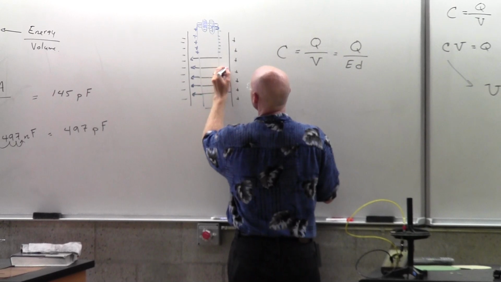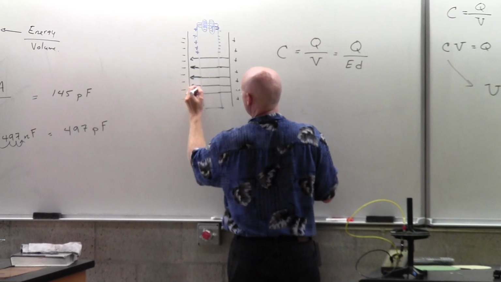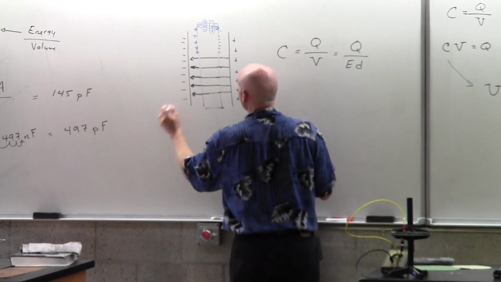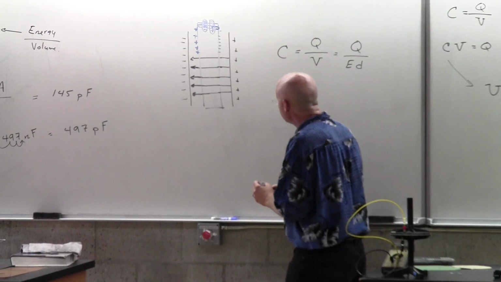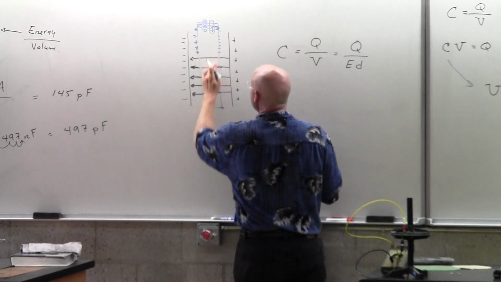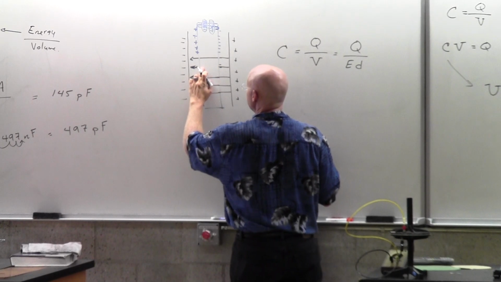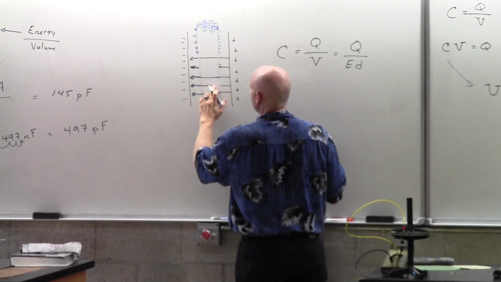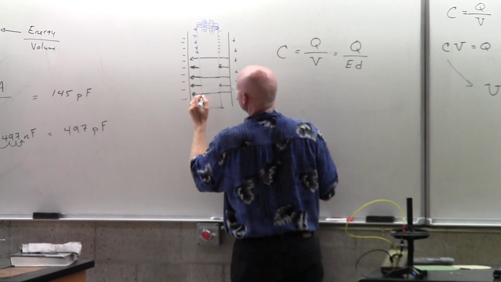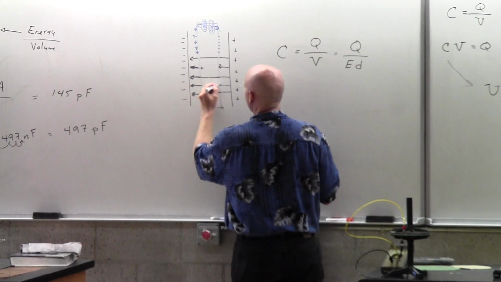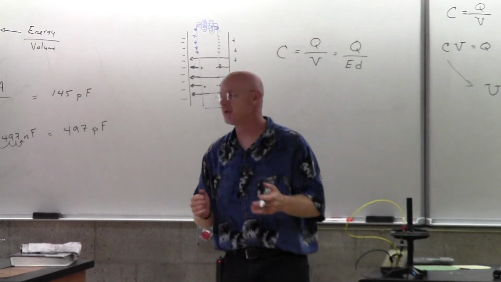Okay. So the electric field was going across here. And then I put that insulating material, and what's going to happen is some of the negatives will stop some of the field. But not all of the field. There's the difference.